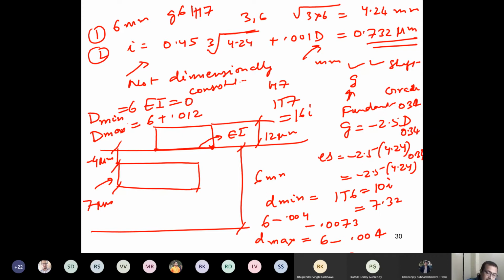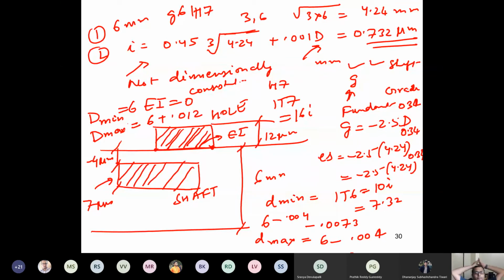Right. So this is the maximum minimum difference. This is the tolerance on the hole. This is the tolerance of the shaft. So this is hole. This is shaft. So what kind of fit is this?